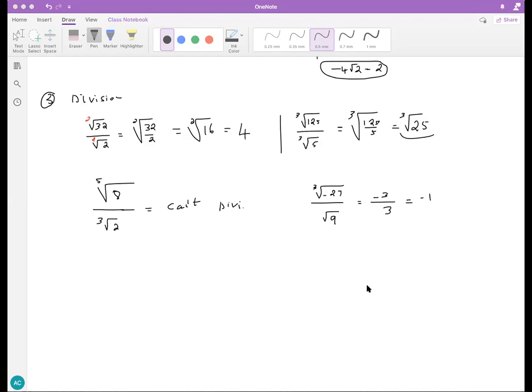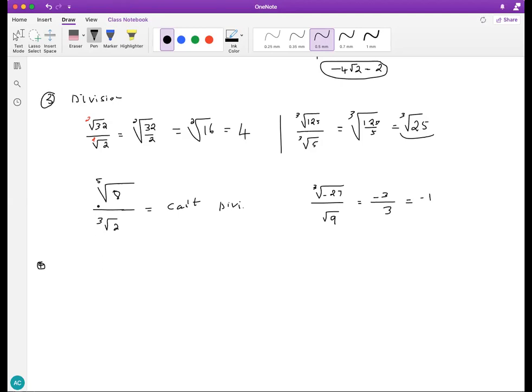But there is another thing regarding division of fractions or division of radicals, something called rationalizing.